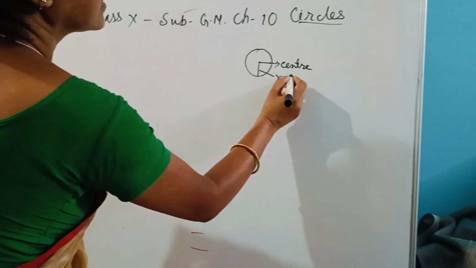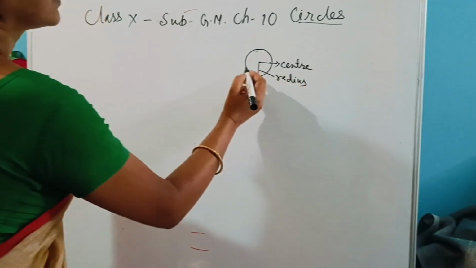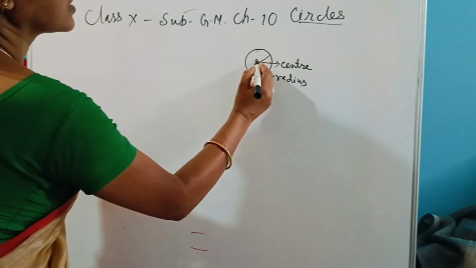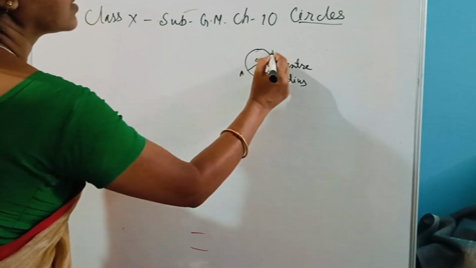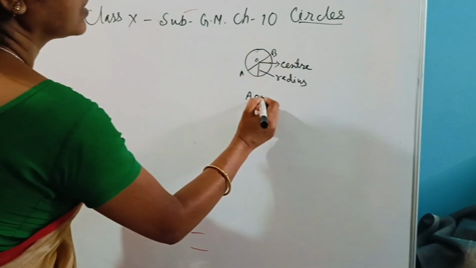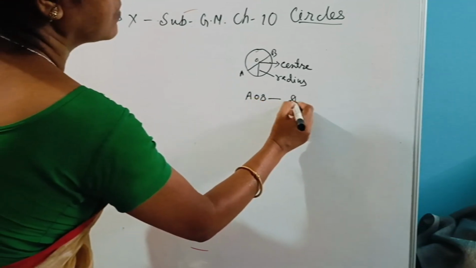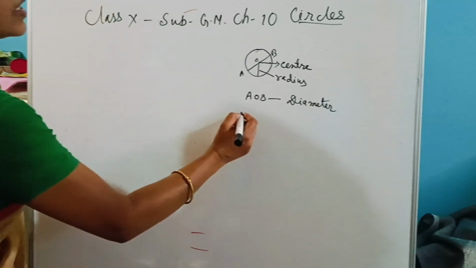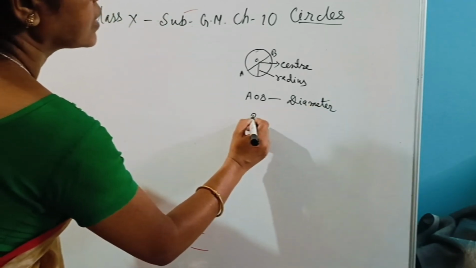It is the radius. Okay, and if we join any 2 points of the circumference through the center O, suppose it is A and B, it is known as the diameter. Do you know the relation between radius and diameter?